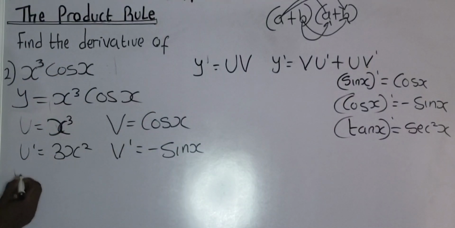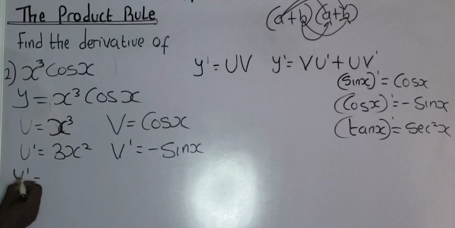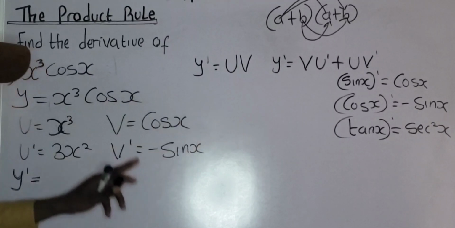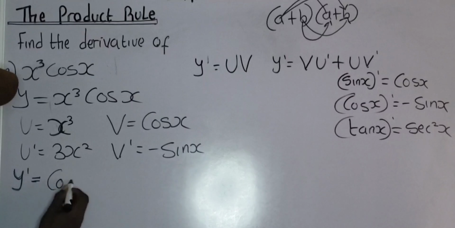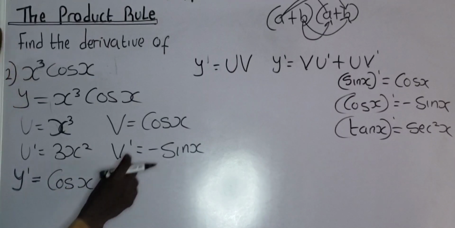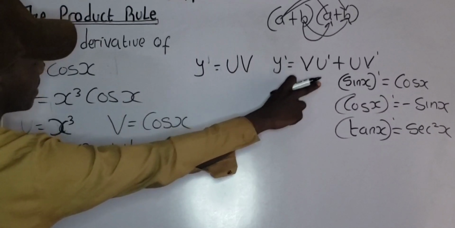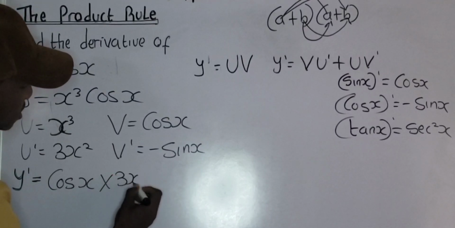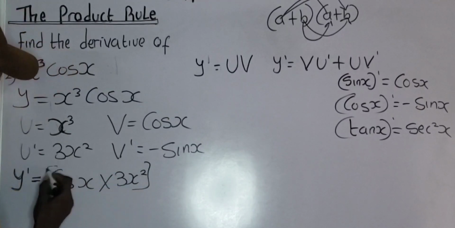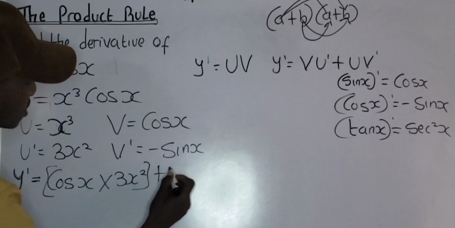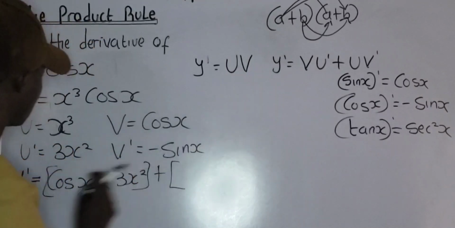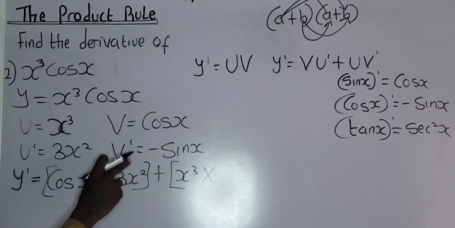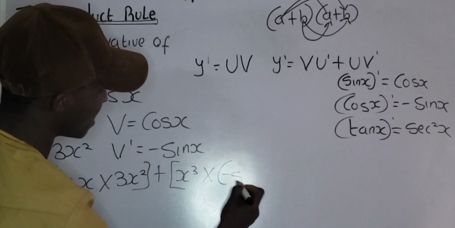The derivative of y equals v, v is cos x, multiplied by the derivative of u, which is 3x squared, plus u, u is x raised to the power of 3, multiplied by the derivative of v, which is minus sine x.